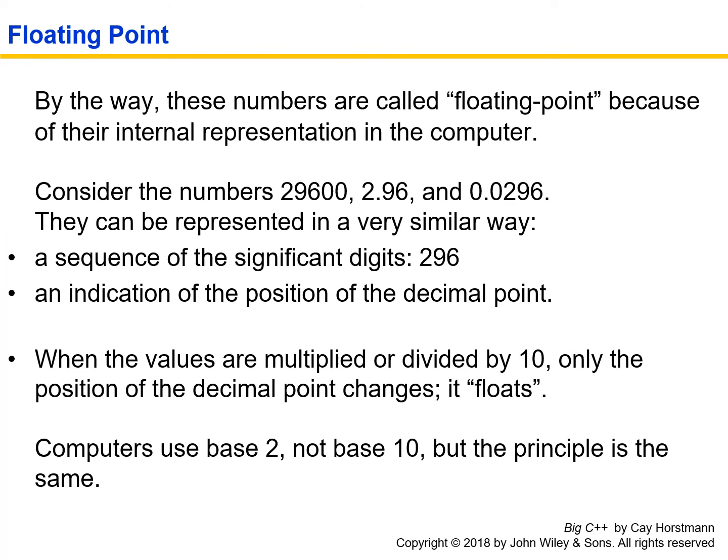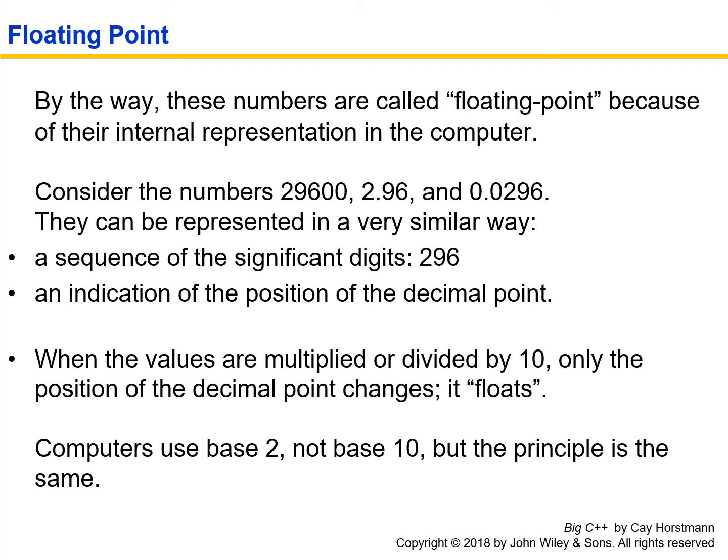Why are these numbers called floating point? It's because 29600, 2.96, and 0.0296 in the decimal world in base 10 are all the same number, 296, times a floating decimal point.